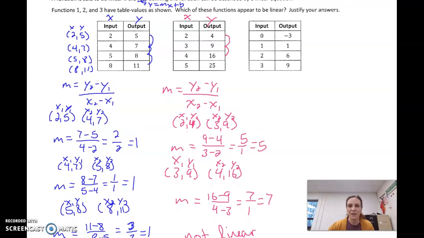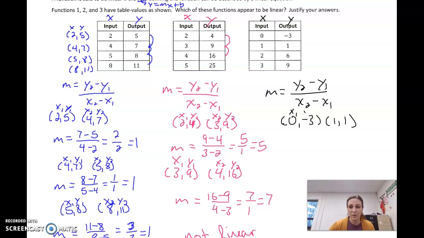Okay, same thing. x's, y's. m equals the difference in our y's over the difference in our x's. And so I'm going to do the first point, 0, negative 3, and 1, 1. x sub 1, y sub 1, x sub 2, y sub 2.